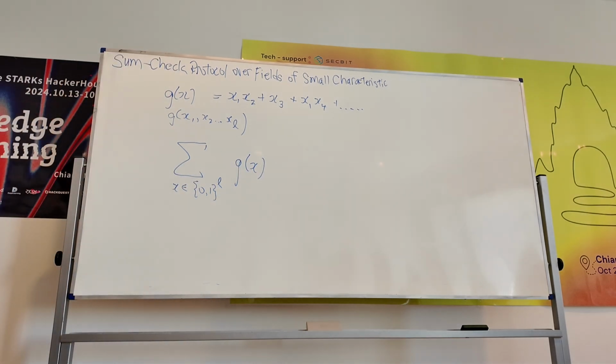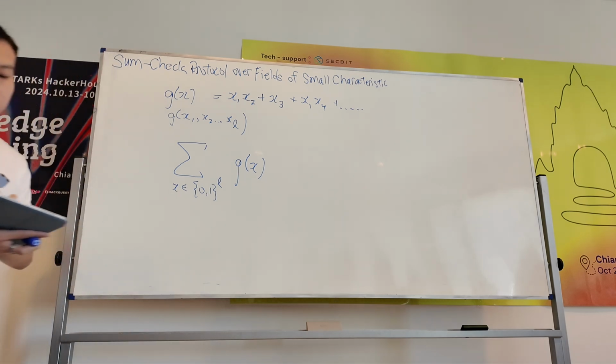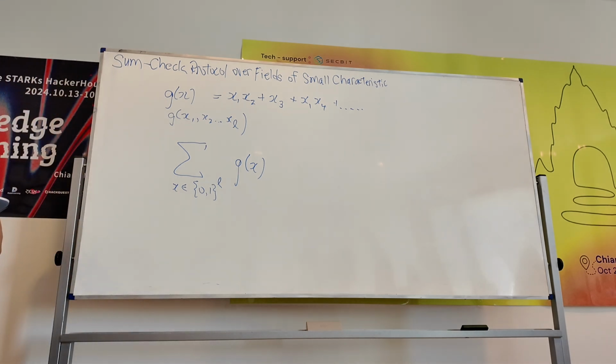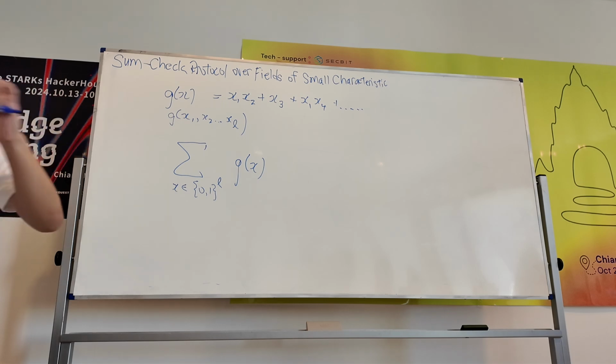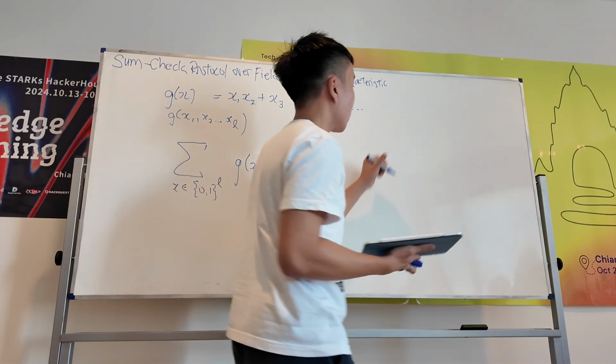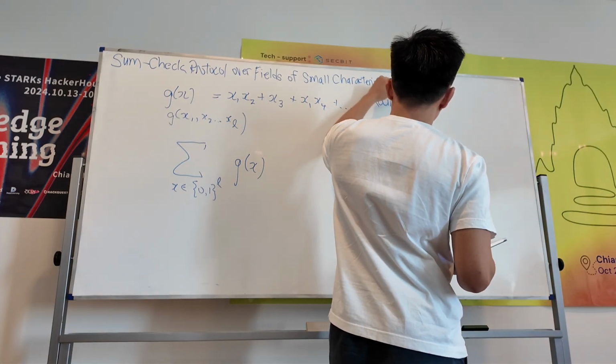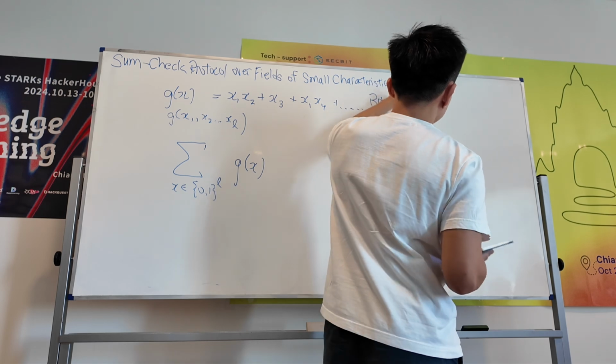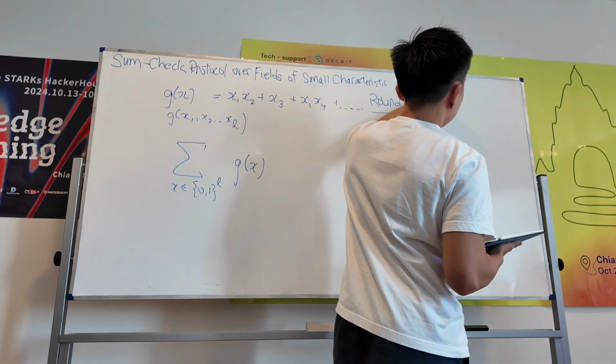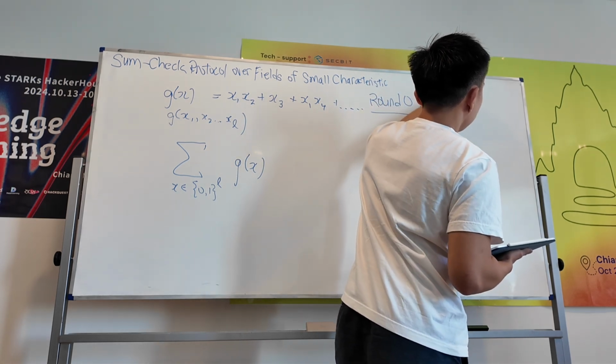I'll just briefly talk about the protocol itself. It's an interactive protocol. In round 0, the prover sends a claim C to the verifier.